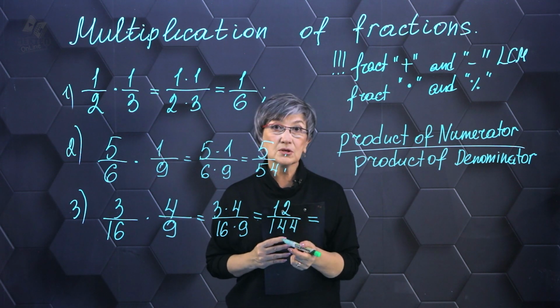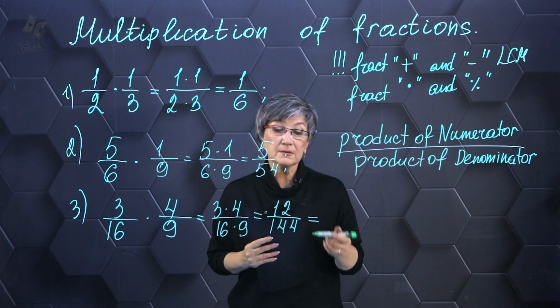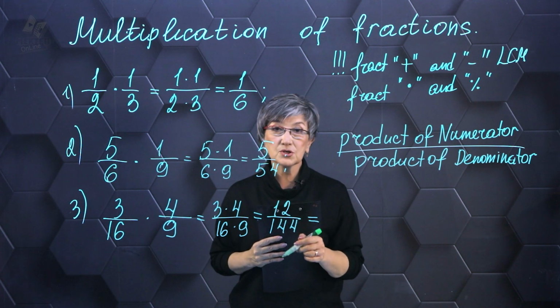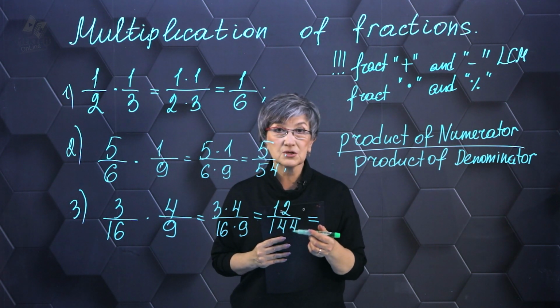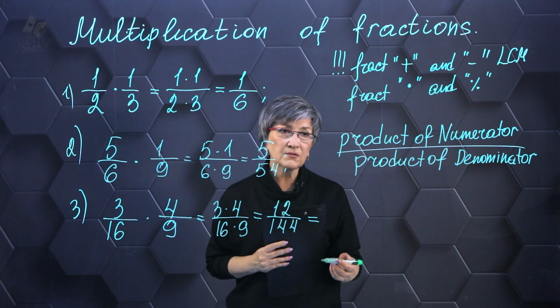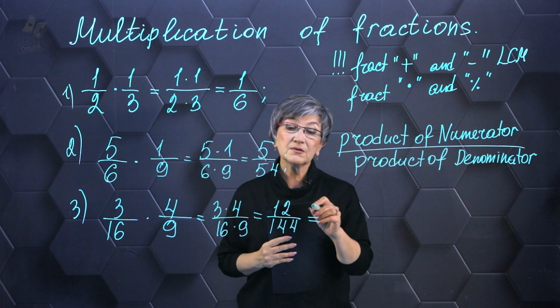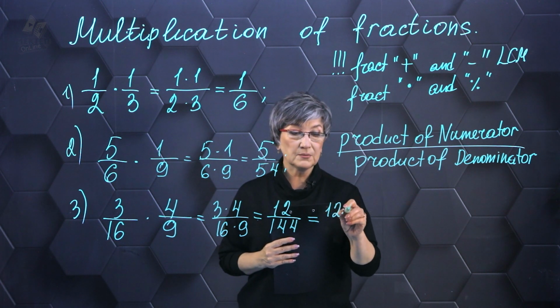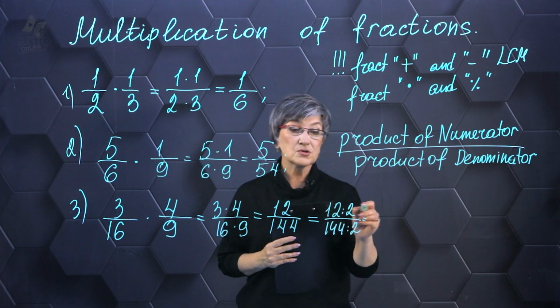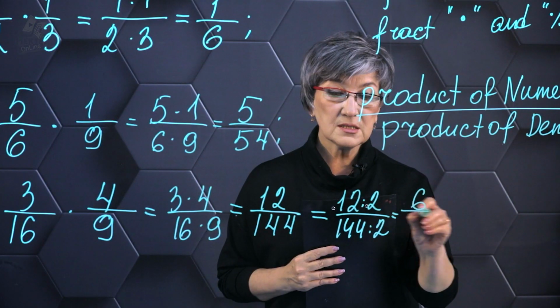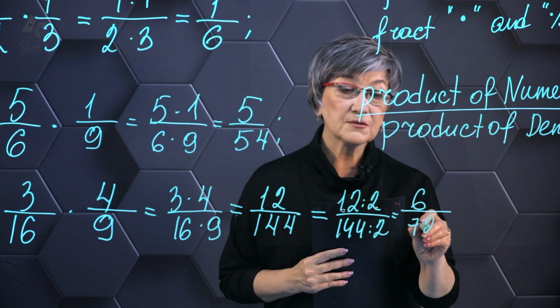That is, we must pay attention to our answer and consider whether we can reduce the given fraction. 12 and 144, of course we can reduce. What do these two numbers divide by? Of course they divide by 2, they divide by 3, but let's go in order. If I divide 12 by 2 and 144 by 2, I end up with 6/72.